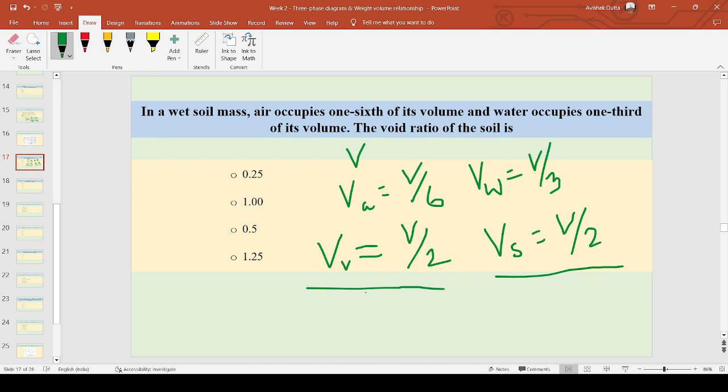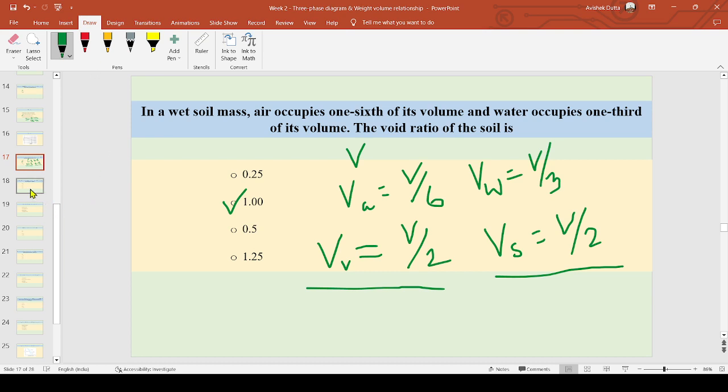Yes, 1. Is it clear or should I explain again? It's clear. So this is 1. The void ratio, go by the definition, volume of void by volume of soil solids. You will get the answer.